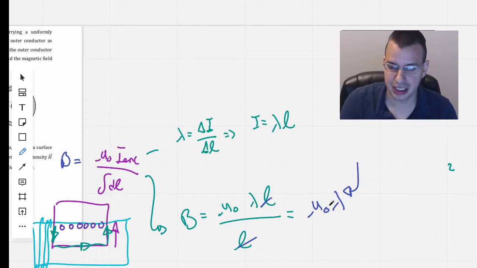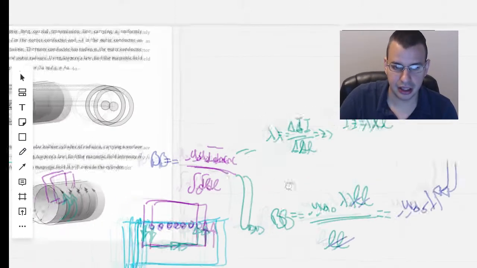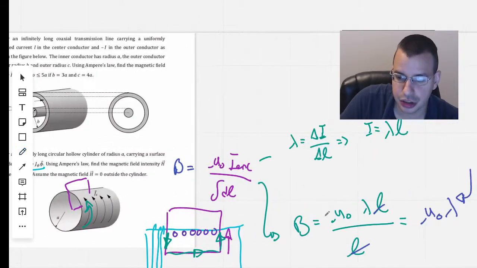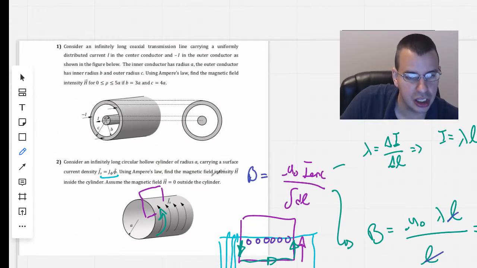So what this is saying is the magnetic field will be mu naught times the surface current density.